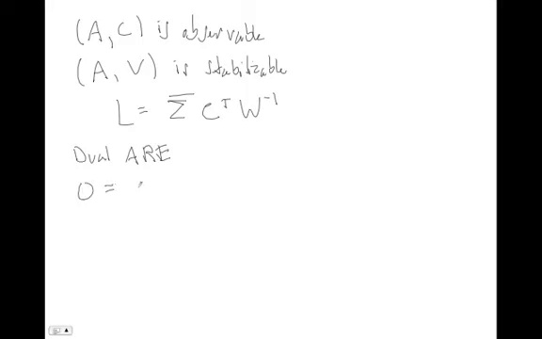The dual algebraic Riccati equation is this: 0 equals sigma bar times A transpose plus A sigma bar plus V minus sigma bar C transpose W inverse C sigma bar.